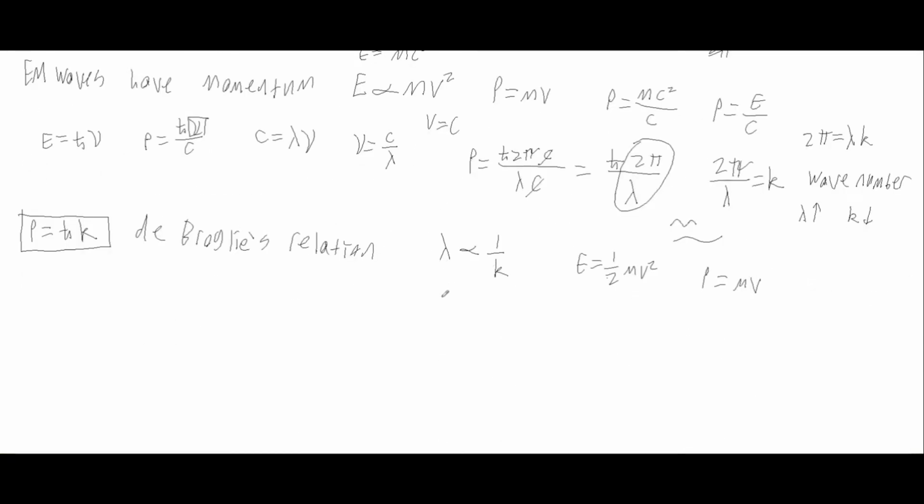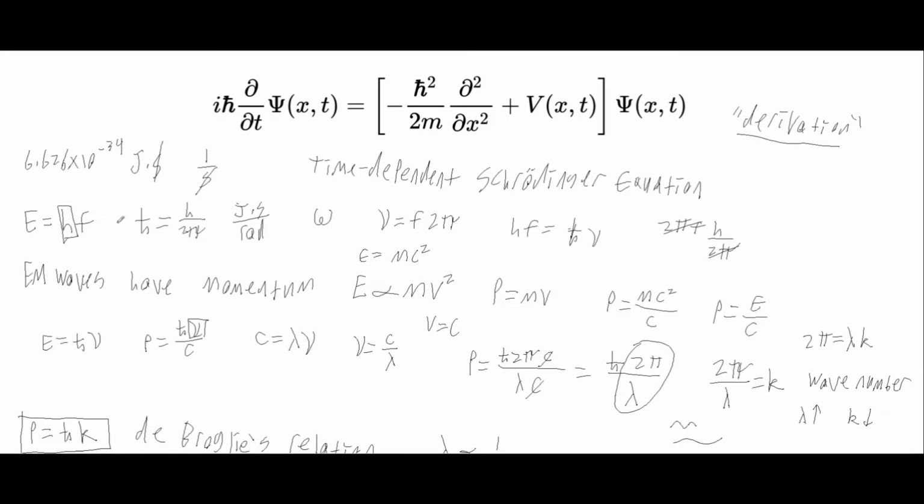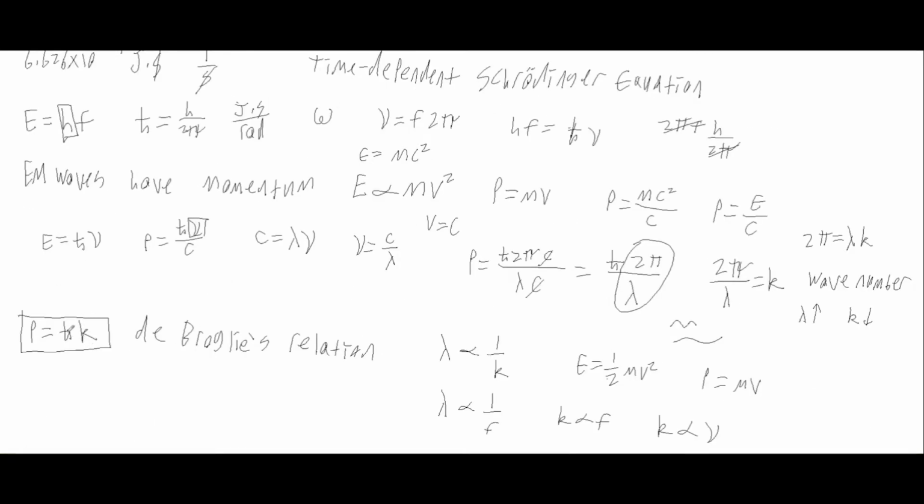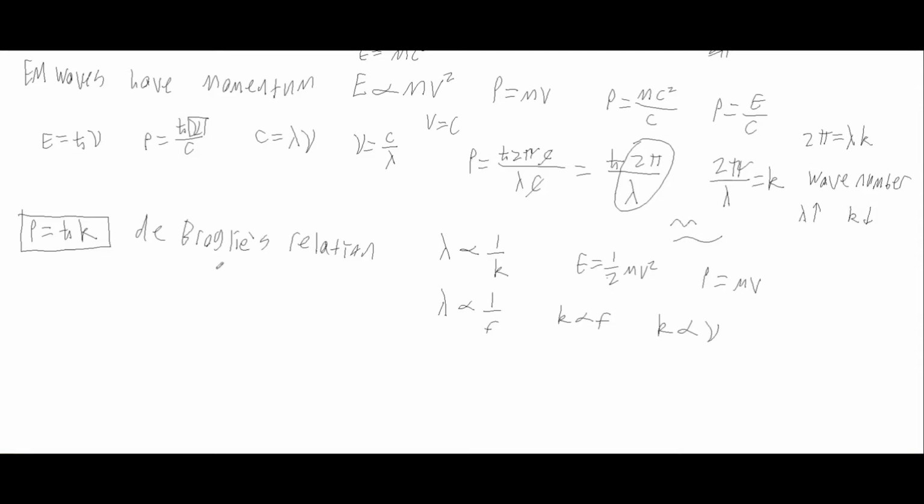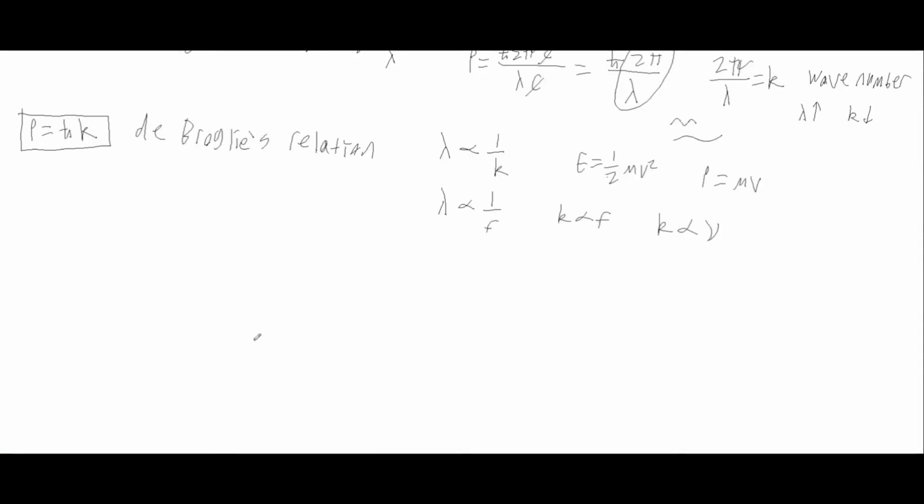Since lambda is also inversely proportional to frequency, that should be an f, then we know that k is proportional to frequency, or you could even say k is proportional to the angular frequency here. And so we know that if the energy is going up, then the momentum has to be going up. We know that if frequency goes up, then the energy goes up, and so if the wave number goes up, then so must the momentum go up. And so that is the de Broglie relation there.